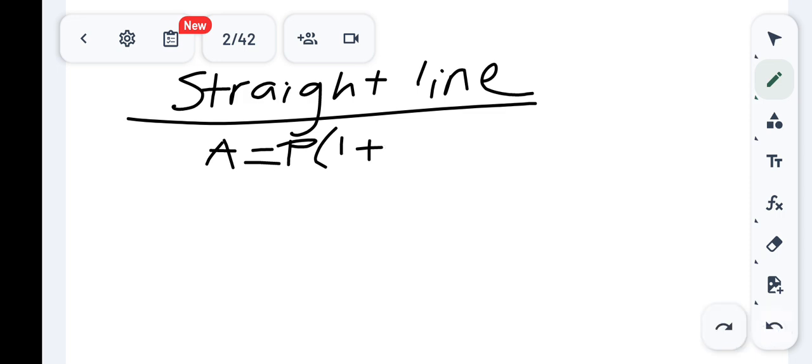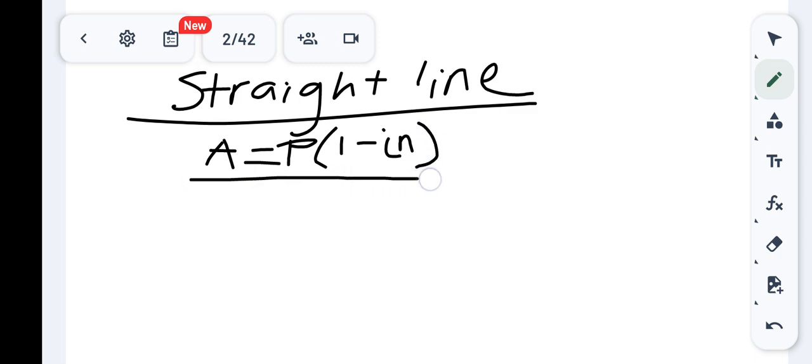Hence we said depreciation is a decrease in value. So for the straight line method, the formula is still the same as that of simple interest, but we put in minus instead of plus: A equals P into 1 minus i multiplied by n.